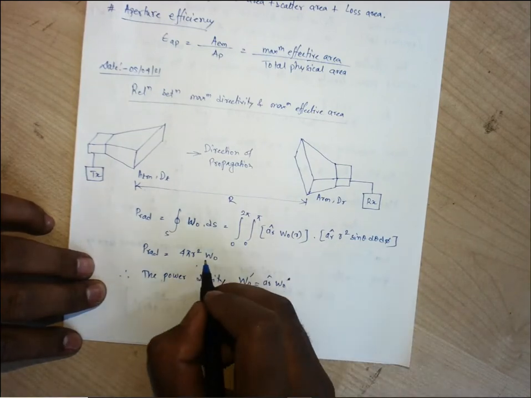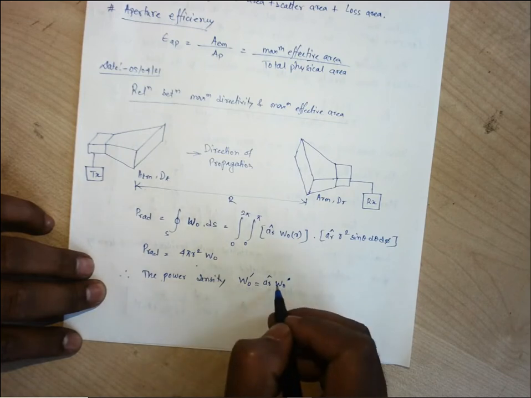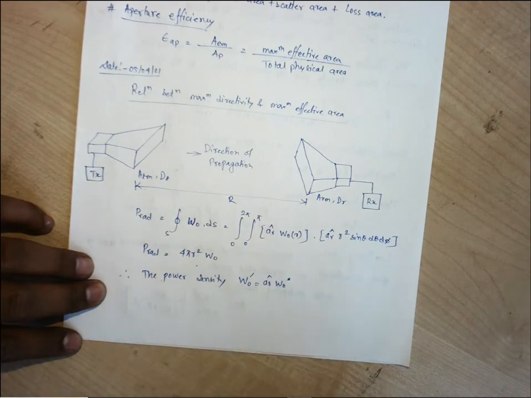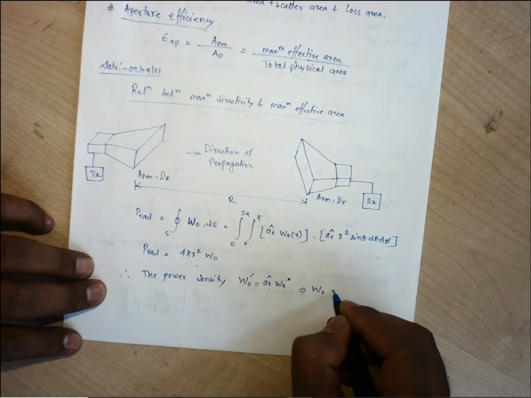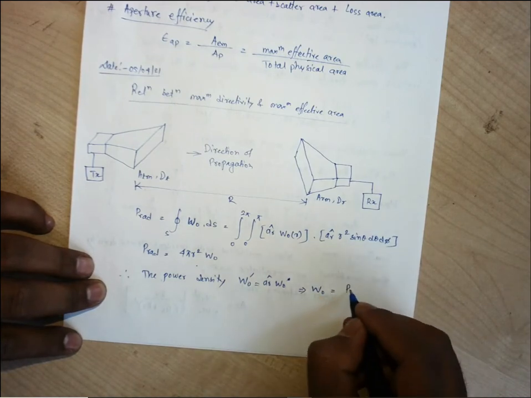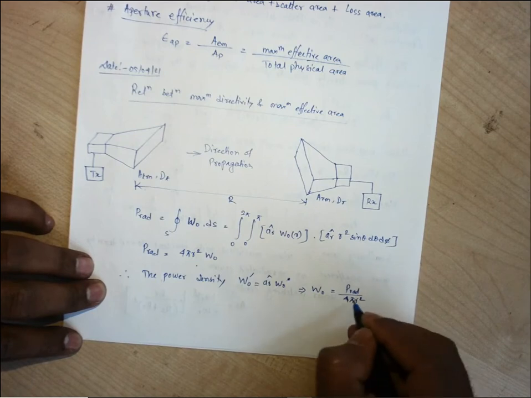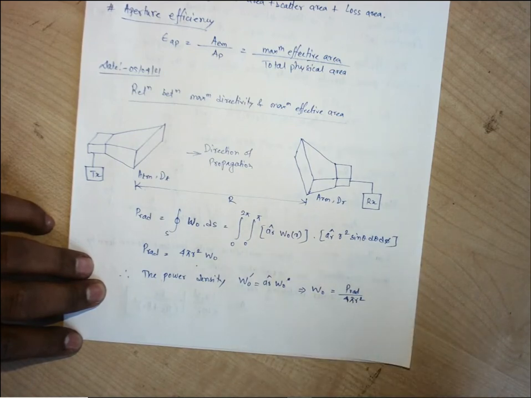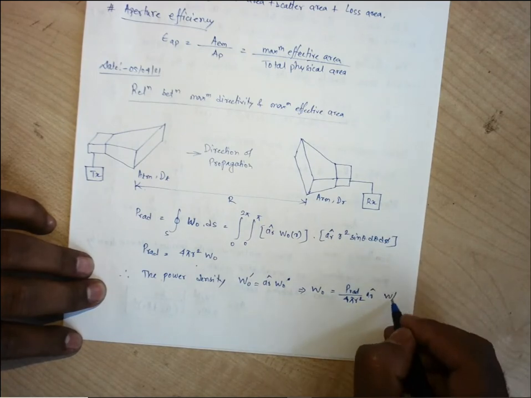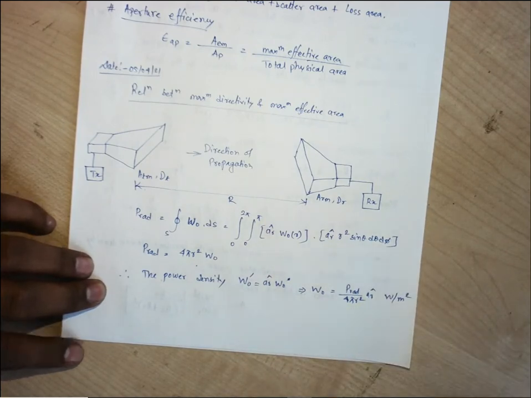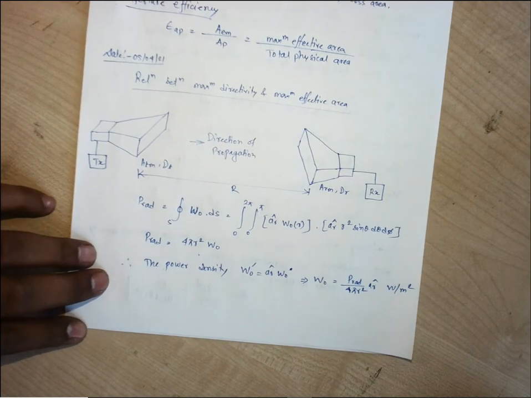We can put W naught from here, that will be P rad by 4 pi r square. That is the radiation density, the power density. So W naught is P rad by 4 pi r square, where 4 pi r square is the total surface area, in watt per meter square.